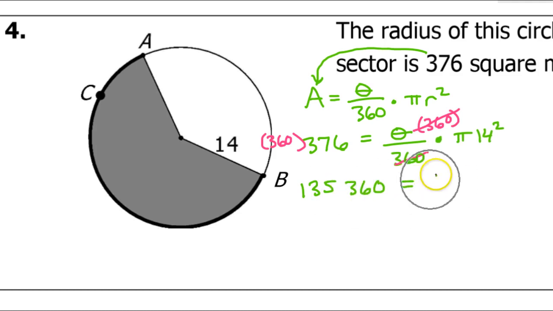And that's going to equal theta times, now, 14 squared is 196. So I'm going to go ahead and write this part as 196 pi.